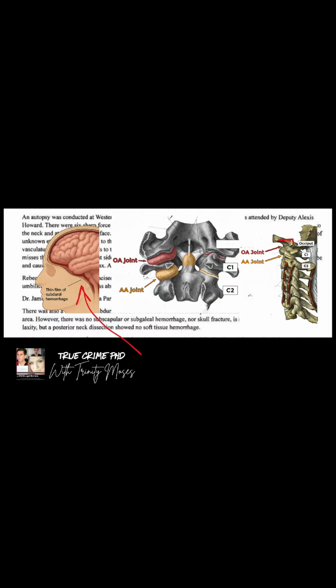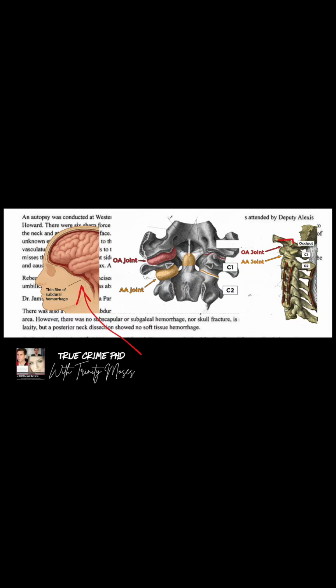Okay, so the OA joint is very strong. It's very difficult to cause damage to generally. So a posterior neck dissection was made by the forensic pathologist. Okay, that was not implicating that there was a neck dissection made by someone else. It showed no soft tissue hemorrhage.